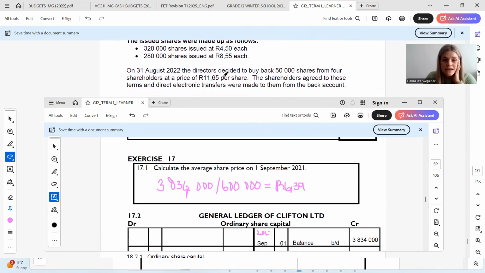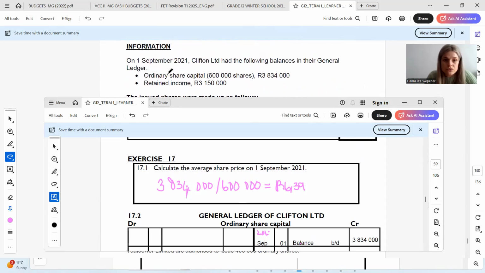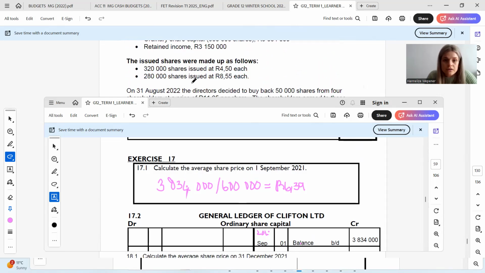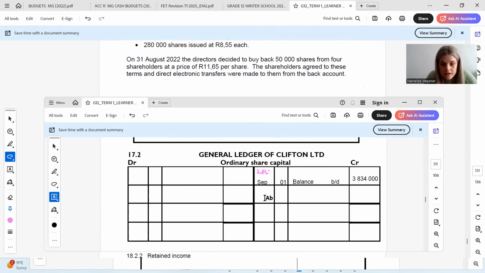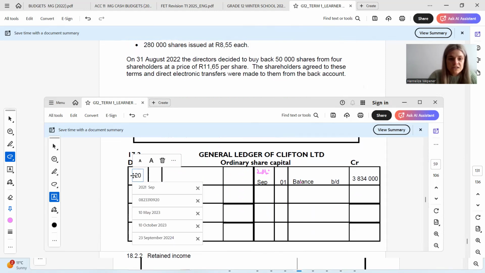Then on the 1st of August 2022, the directors decided to buy back 50,000 shares at a price of R11.65 per share. So on the 31st of August 2022, we are now buying back.